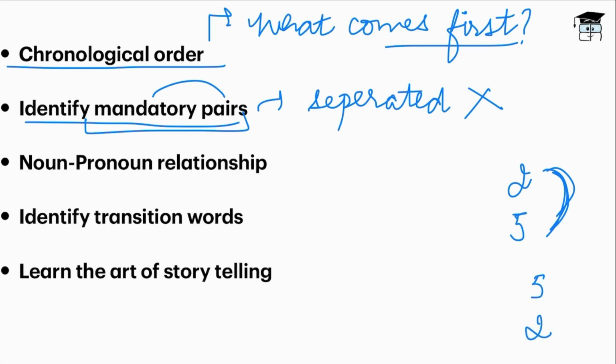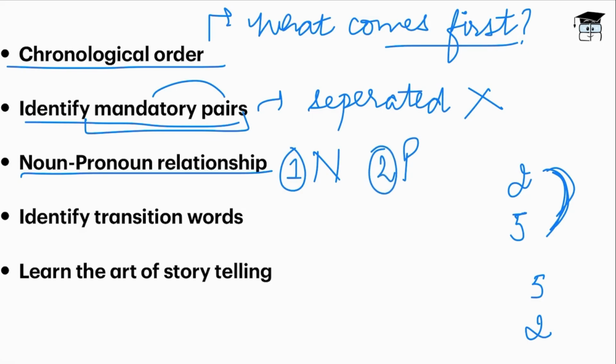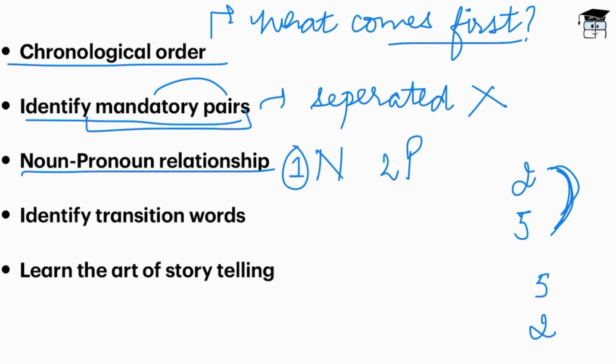Right? Okay. The next approach is following noun-pronoun relationship. You have to understand that always and always a noun precedes a pronoun. That means a noun will come first and then a pronoun will follow that noun. The next technique would be identifying transition words.